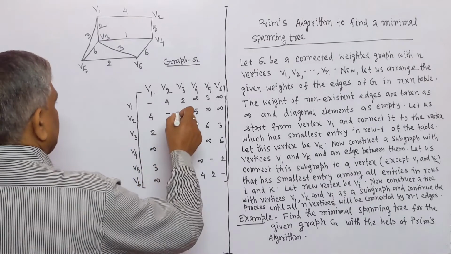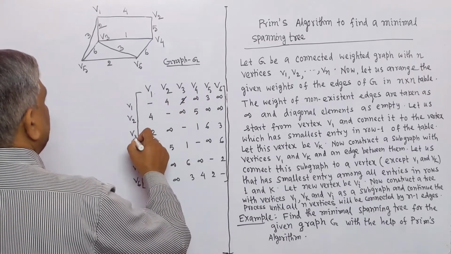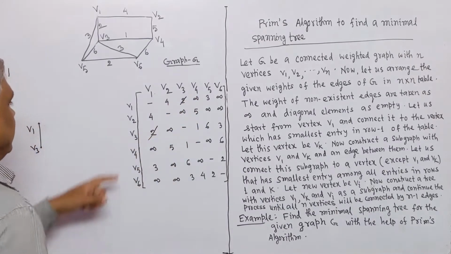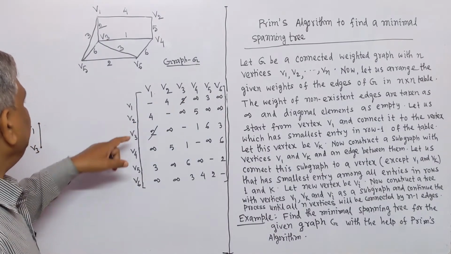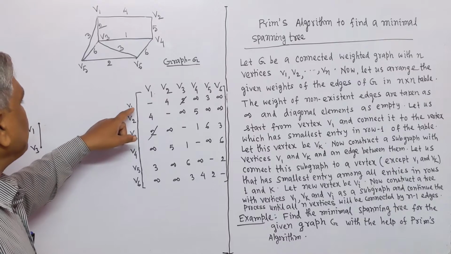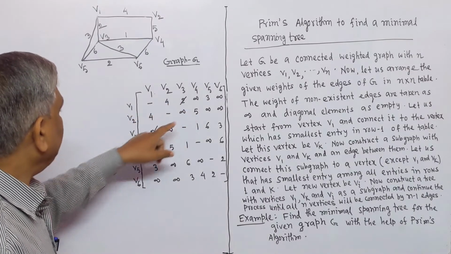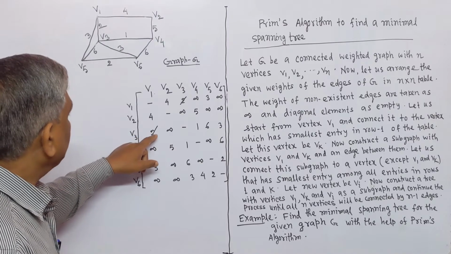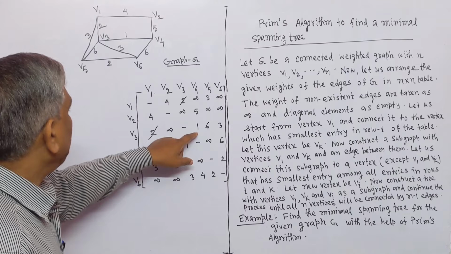So we cancel this V1, V3, here 2 or V3, V1. We cancel these numbers. Now we find the smallest weight in the row of V1 and in the row of V3. Here we see weight 1.